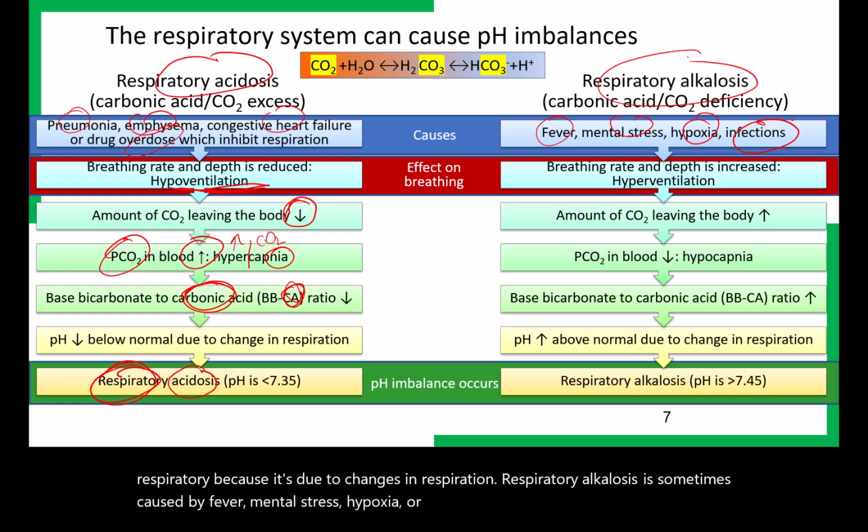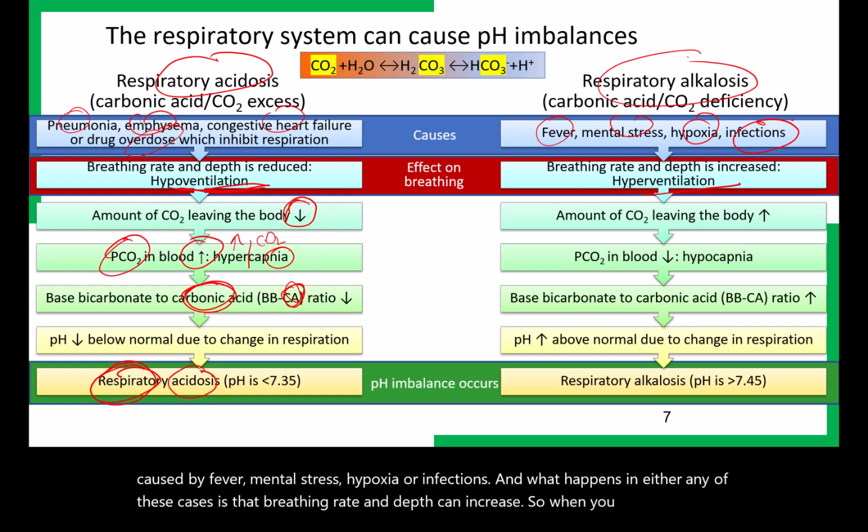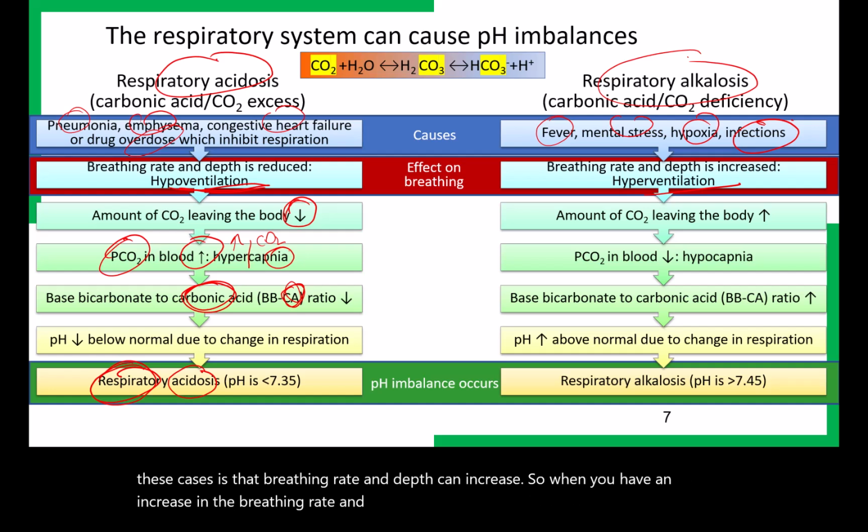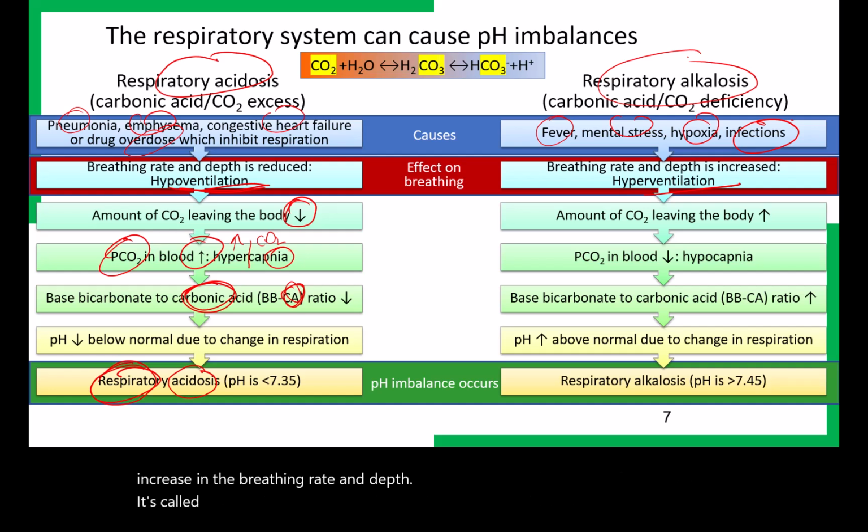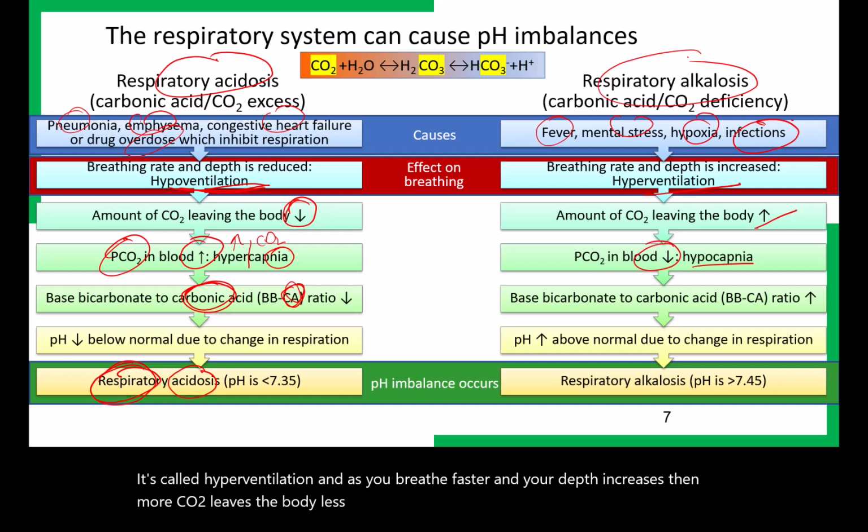Respiratory alkalosis is sometimes caused by fever, mental stress, hypoxia, or infections. And what happens in any of these cases is that breathing rate and depth can increase. So when you have an increase in the breathing rate and depth, it's called hyperventilation. And as you breathe faster and your depth increases, then more CO2 leaves the body, less remains in blood. So you end up with hypocapnia.